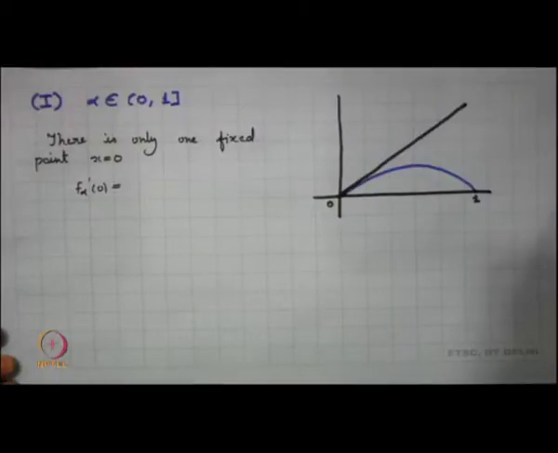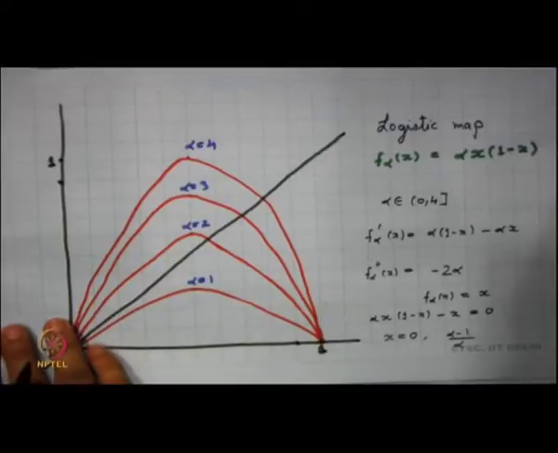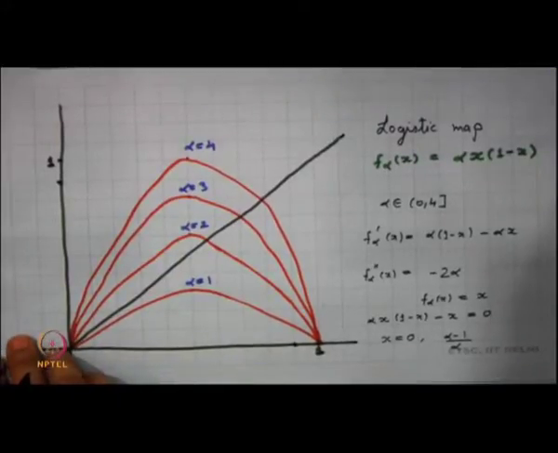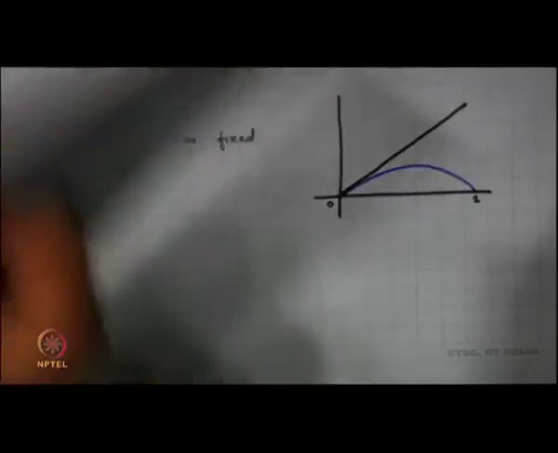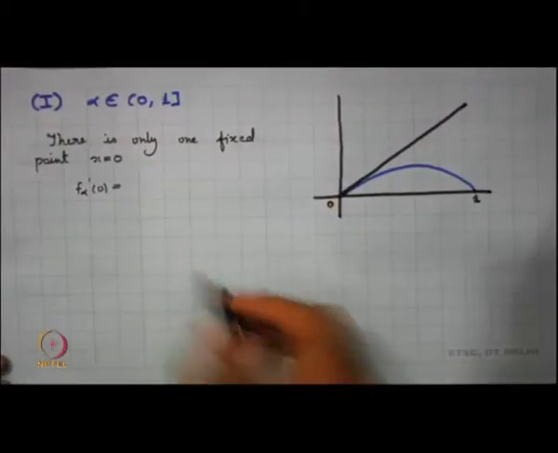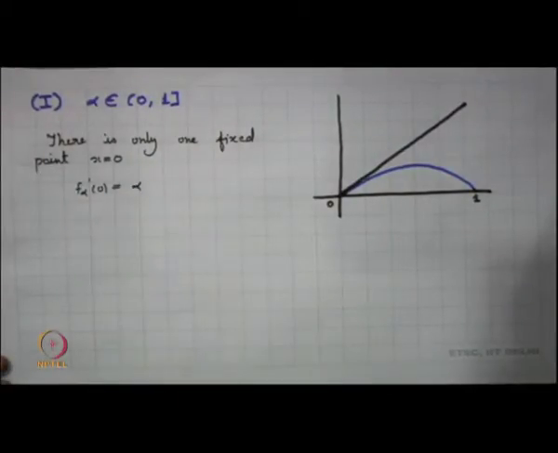So, let me again recollect. We have looked into this equation: f alpha prime of x is equal to alpha times 1 minus x minus alpha x. So, what is f alpha prime of 0 here? Yes, it is just alpha.